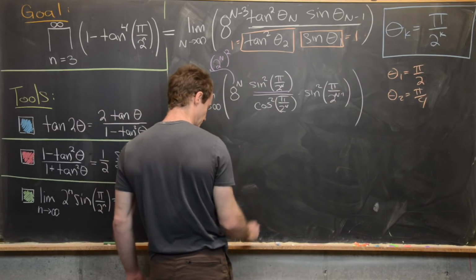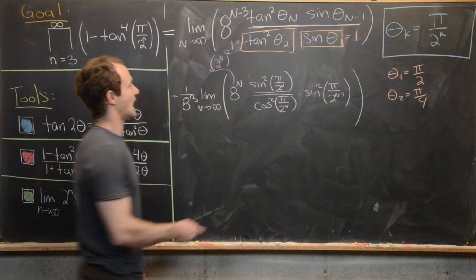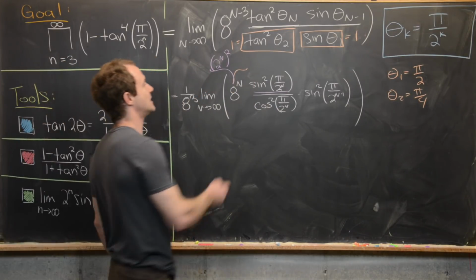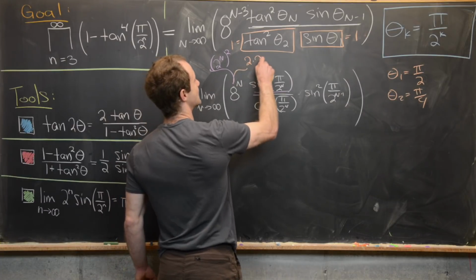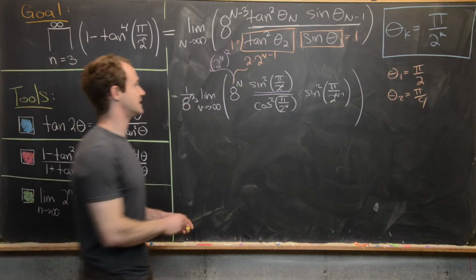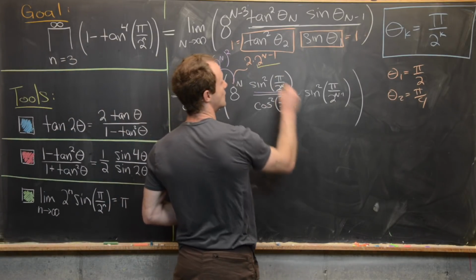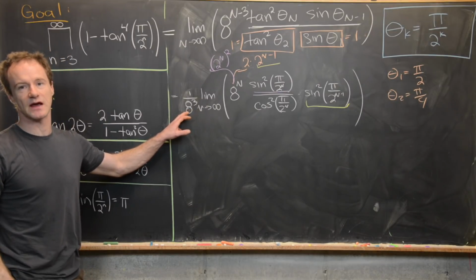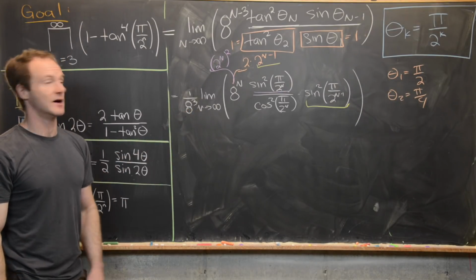So that's going to be grouped with this term. And then after that, I have the following. So I will have 2 times 2 to the n minus 1. Great. And then this 2 to the n minus 1 will be grouped with this term. And then this 2 can be canceled with this 1 over 8 cubed outside in the future.